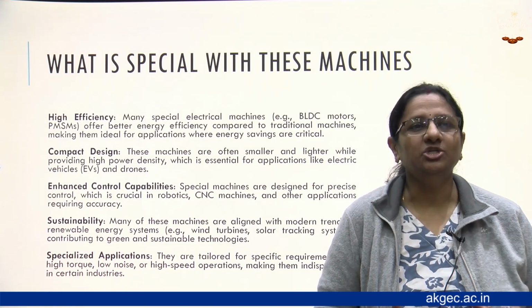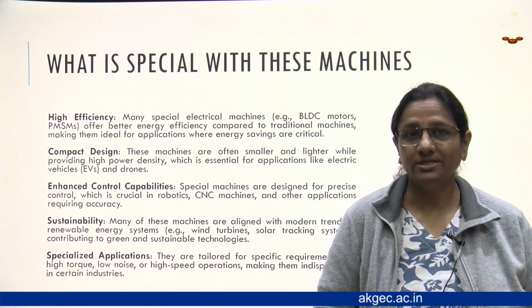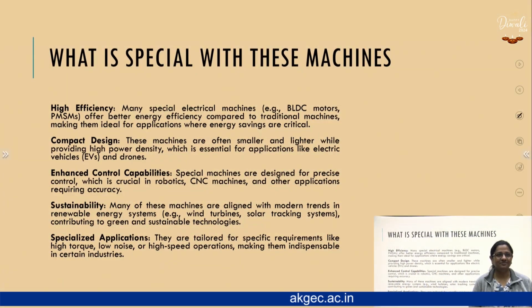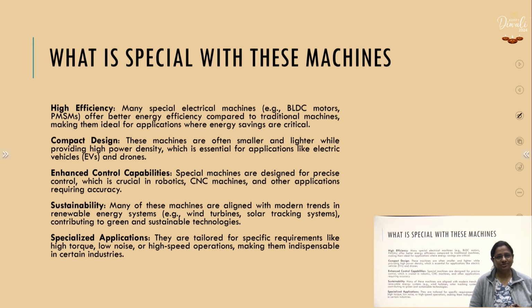So, what is special with these machines? What is special with these special electrical machines? They possess high efficiency as compared to conventional machines. They have a compact design, they are equipped with enhanced control capabilities, they are sustainable, and they find specialized applications.